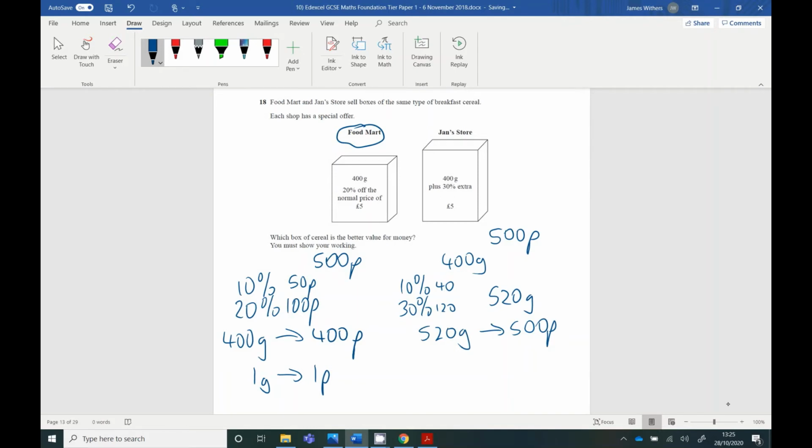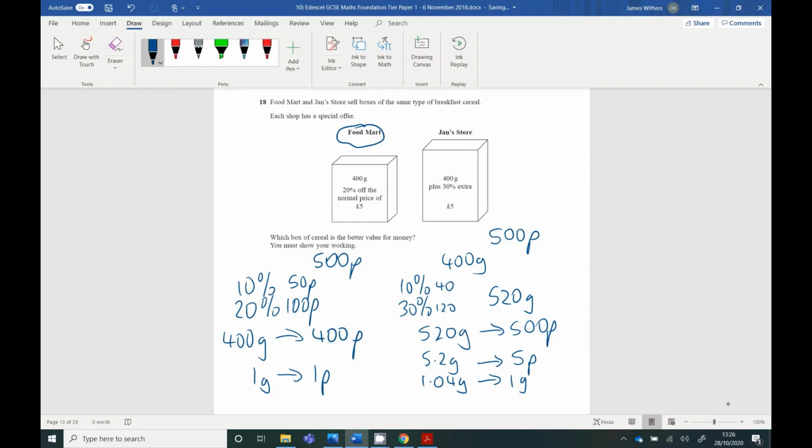I'm getting more grams per penny. So it'd be nice to just try and work out how much a single penny costs. Dividing by 100, I see that 5.2 grams is 5p. Then dividing by 5 again, 5.2 divided by 5 is going to be 1.04 grams for every single penny, because 0.04 times 5 gives us the 0.2.